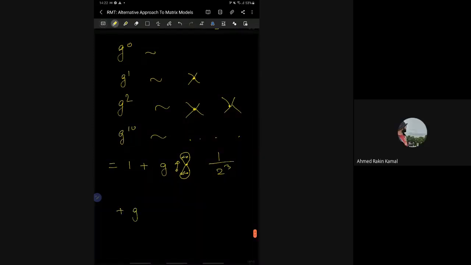So what kind of graphs do we have at order g squared? Can you tell me what kind of graphs we can have at order g squared? With symmetry factor 1 by 2 into 2 cube whole square. মানে গ্রাফ কিরকম হবে এটা জিজ্ঞেস করছে, মানে কি কি গ্রাফ পাবো? একটা হচ্ছে সেলফ কানেক্টেড ওয়ান্স, ডিসকানেক্টেড, right? Remember 2 vertices and valency 4.